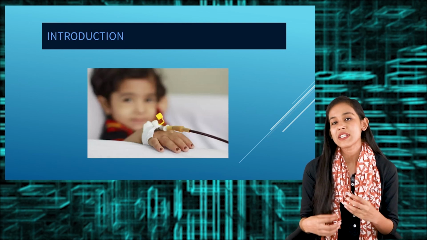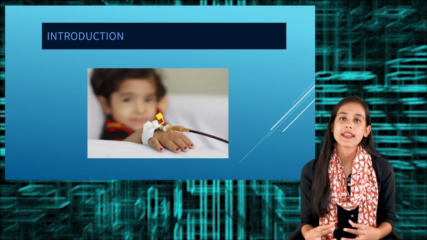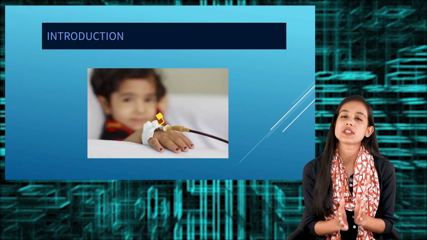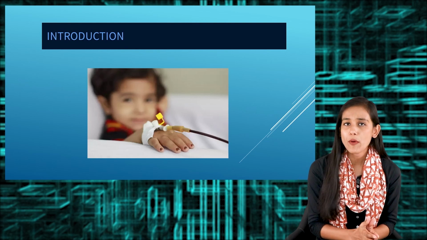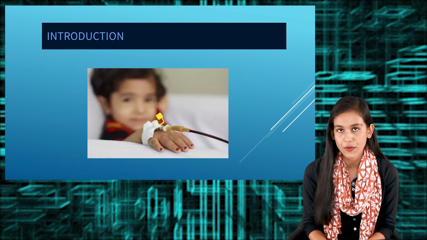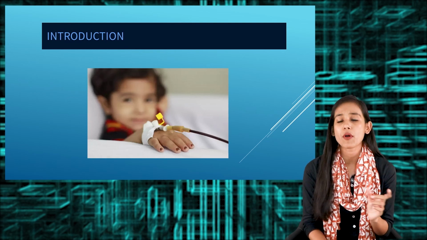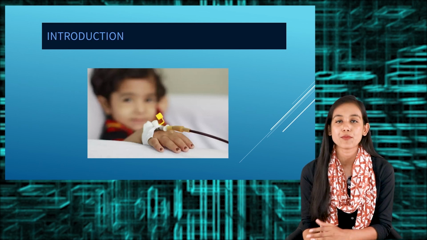When we say that this is a disorder of hemoglobin, we mean that the hemoglobin would get affected somehow, right? This hemoglobin is a very important part of RBC because it is an oxygen carrying protein.